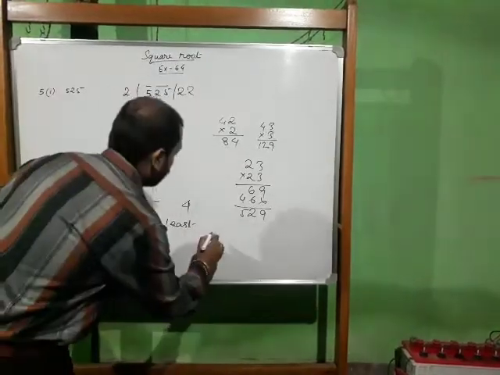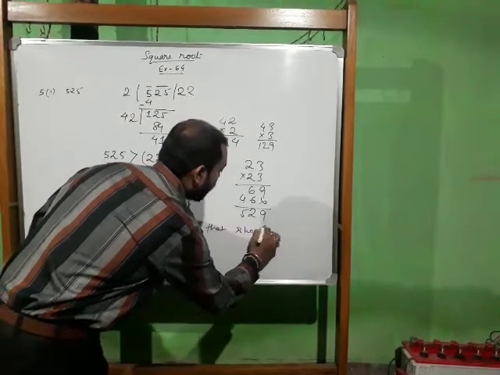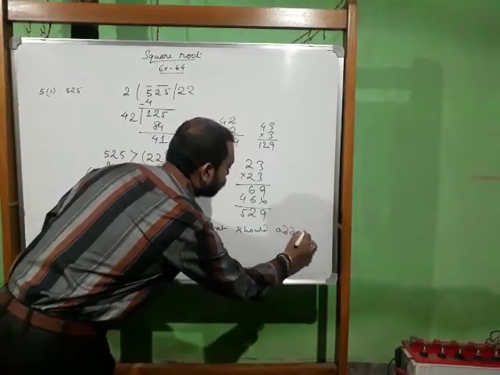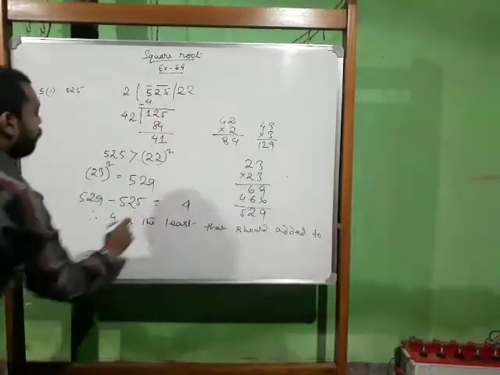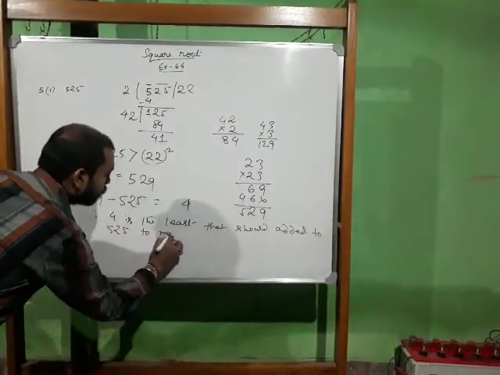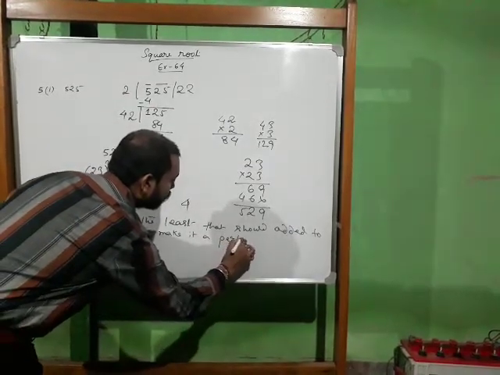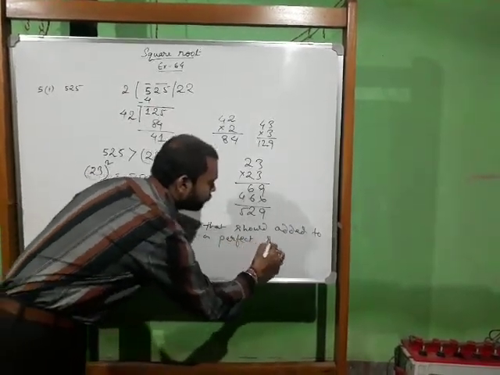Okay, that should be added to 525 to make it a perfect square number.